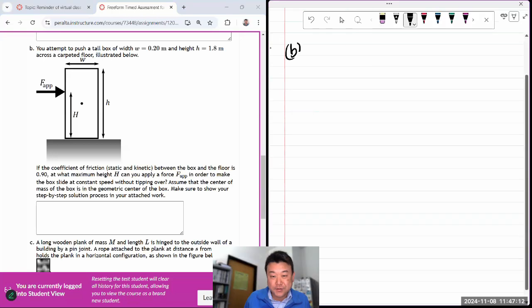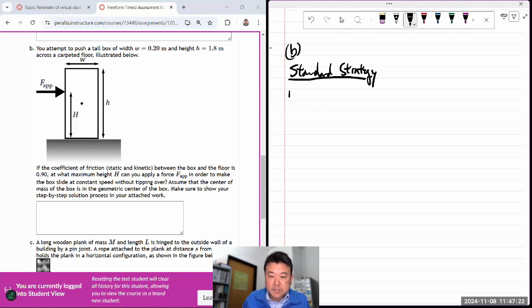So let me remind you of the 4 steps of standard strategy. Step 1, you draw a free body diagram. Step 2, you define coordinate axis.